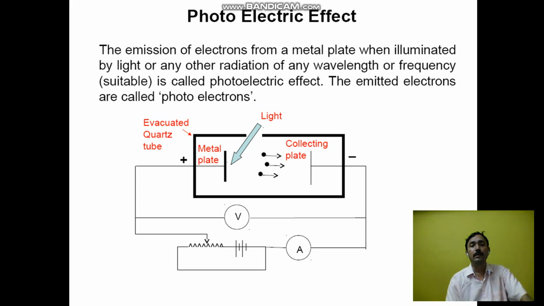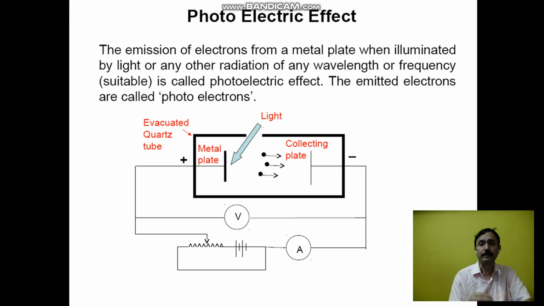Now, if we increase the intensity of light, when the electrons are moving from the metal plate to the collecting plate and we are getting the current in the circuit, as we have already discussed, if we increase the intensity of light, then the current will increase. But liberation of photoelectrons depends upon a particular frequency.